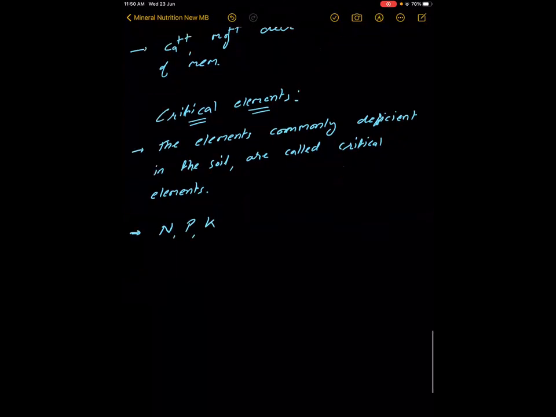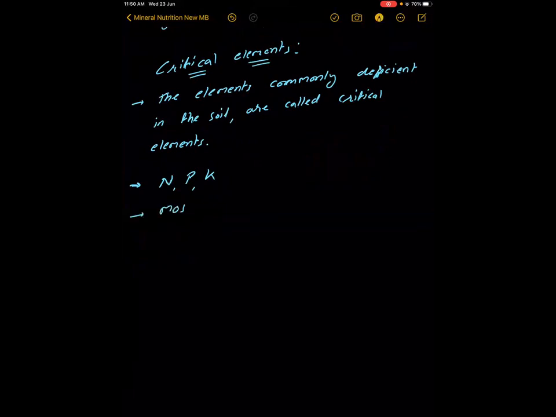These are the critical elements. Generally the fertilizers are enriched with these three elements, NPK. Most of the fertilizers contain these three critical elements, because in India especially the soil is deficient in these three elements, so they are critical. You can see NPK on the label of the fertilizer. And their deficiency is also called primary deficiency.